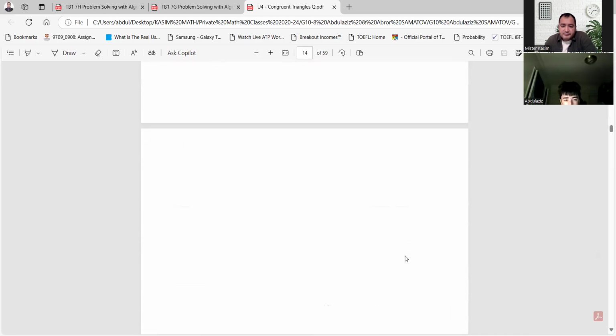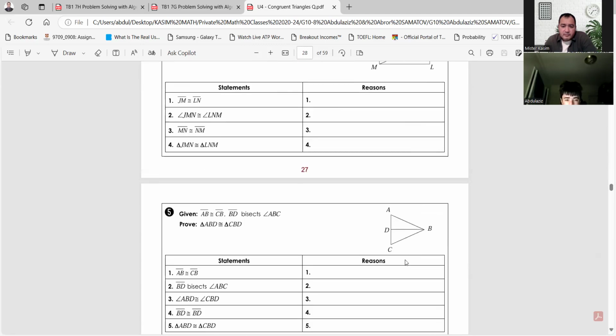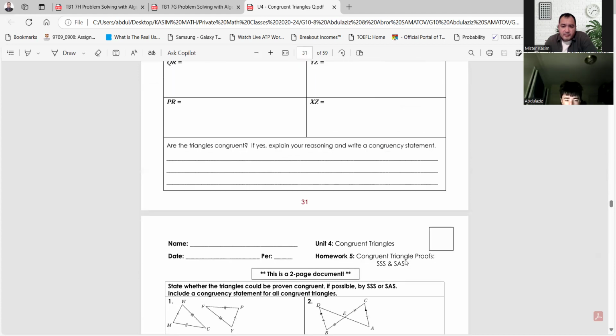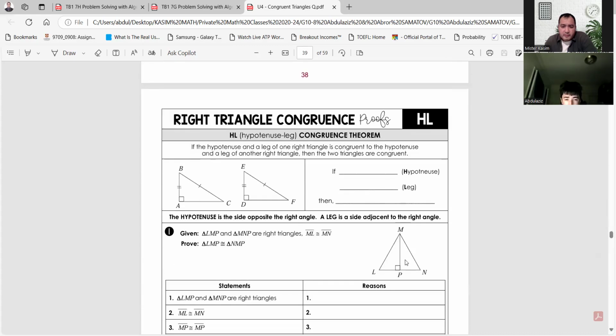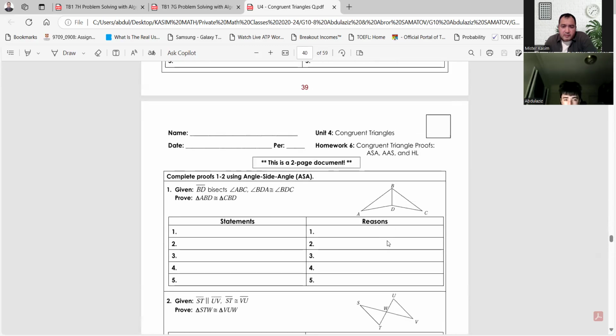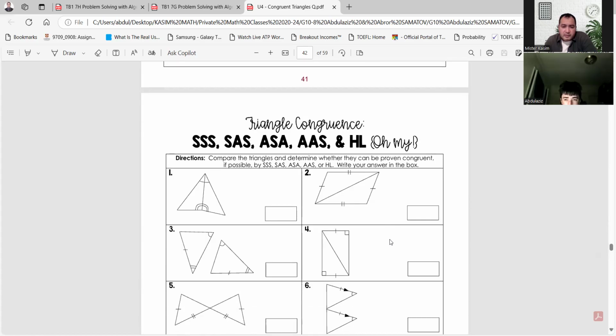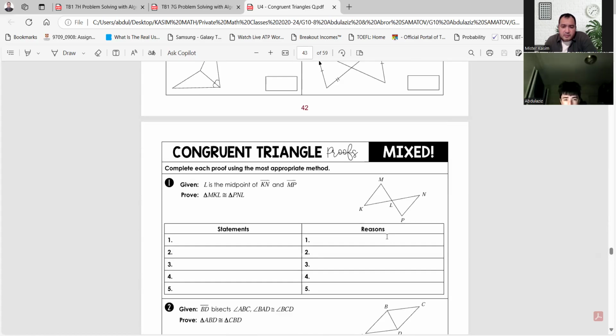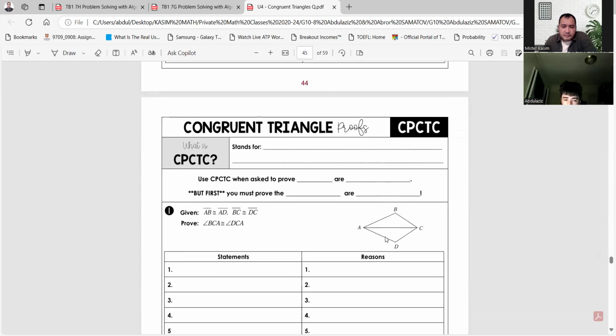It's about hypotenuse leg and triangle side mixed. Okay.